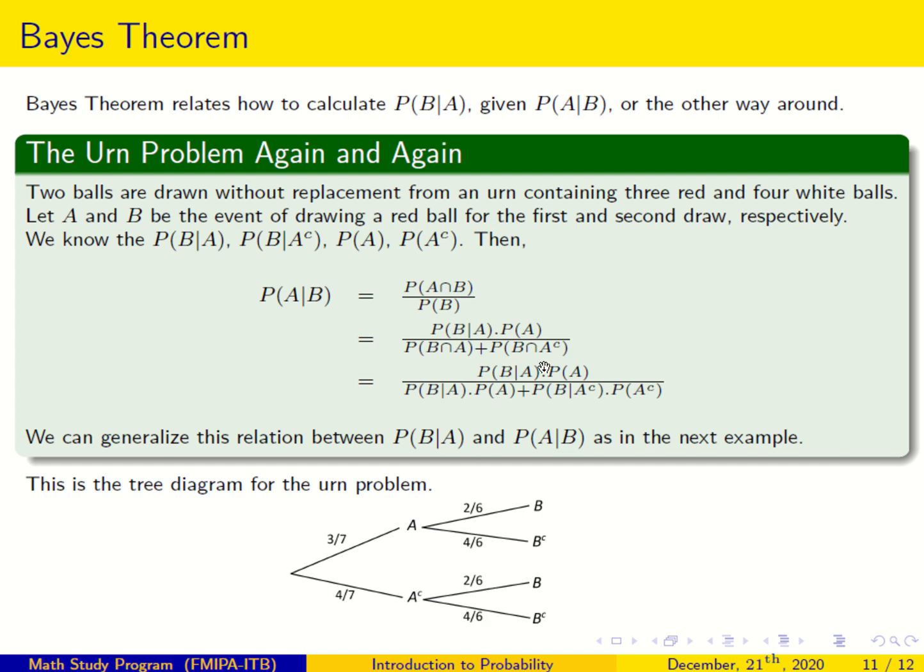So if I have B given A, this is just 2/6. Probability of A is 3/7. So the upper one is just 2/6 times this. And what about probability of B given A complement? So 2/6 times probability of A complement, 4/7.